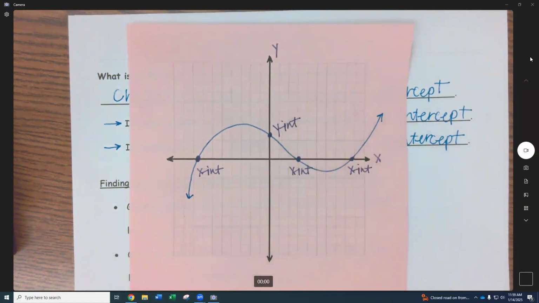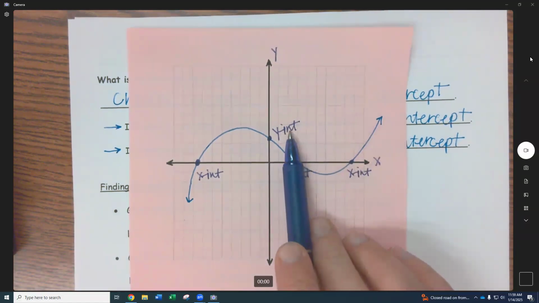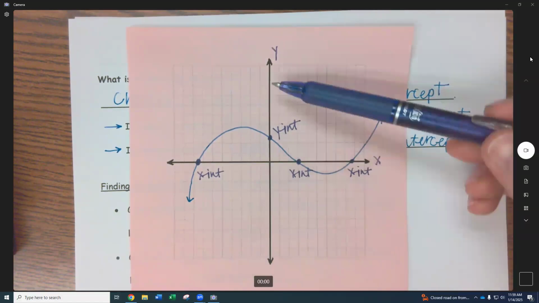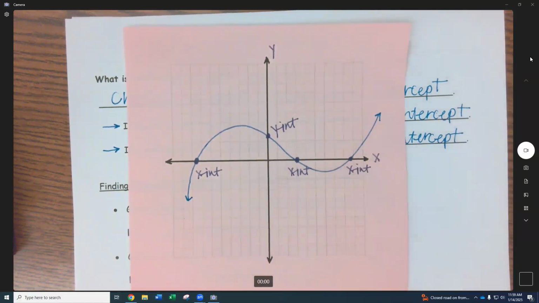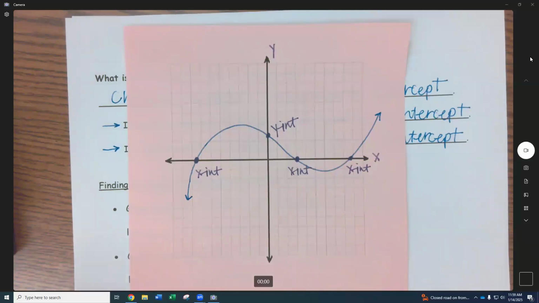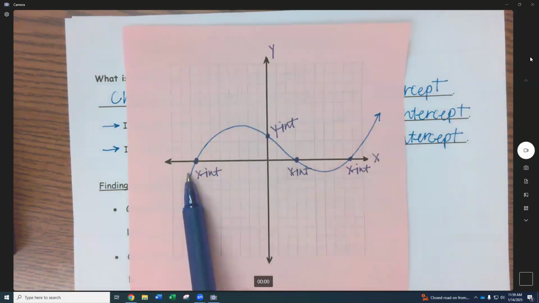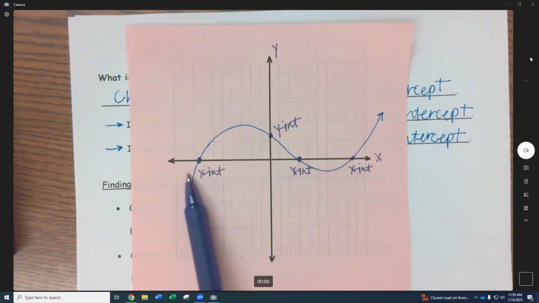For this class, since it is functions and modeling, we will only ever have one y-intercept. Because if we have more than one along this y, then it's not a function because it doesn't pass that vertical line test. Now, technically, as you go on to other classes, you can have multiple y-intercepts, but for this one, it will just be the one. However, the amount of x-intercepts can change.